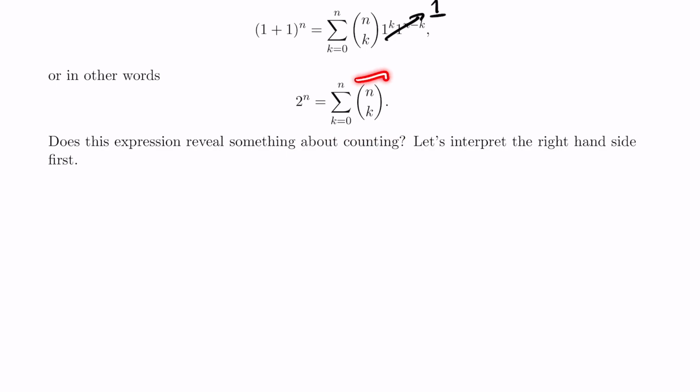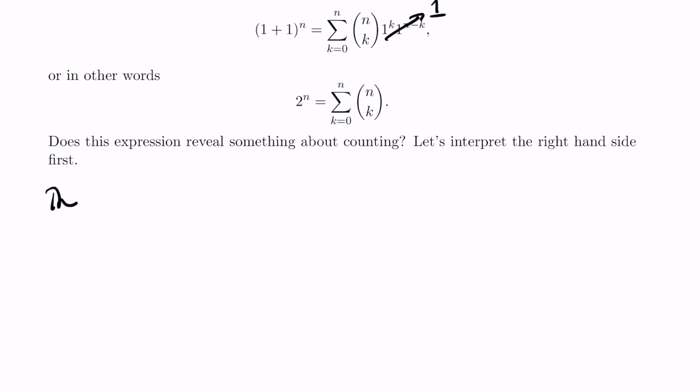We know that this object here counts the number of k element subsets of an n element set. It's n choose k. So we'll start by interpreting this piece and then interpreting the entire sum to be able to understand why these two would be equal altogether.